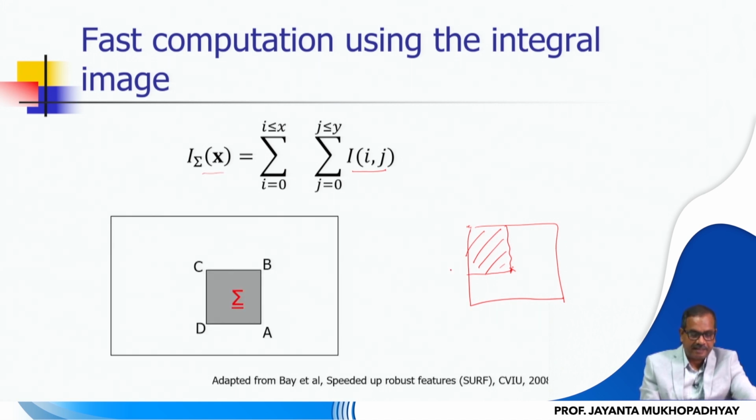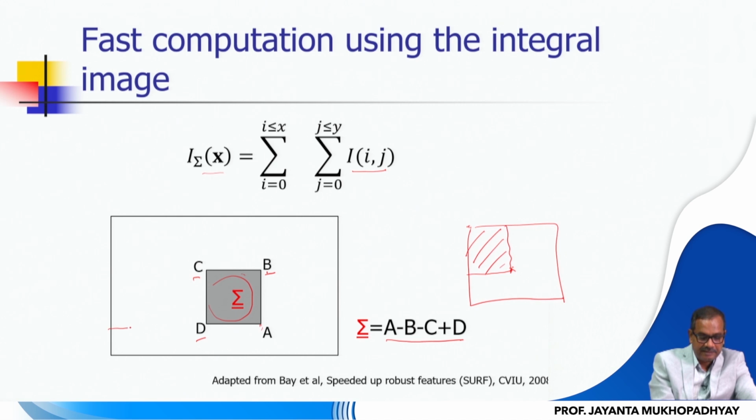The advantage is that suppose I want to compute the sum of this zone, which is required for the box filter. Once I have computed the integral image, I will simply take this value minus this value, minus this value, and add this value.